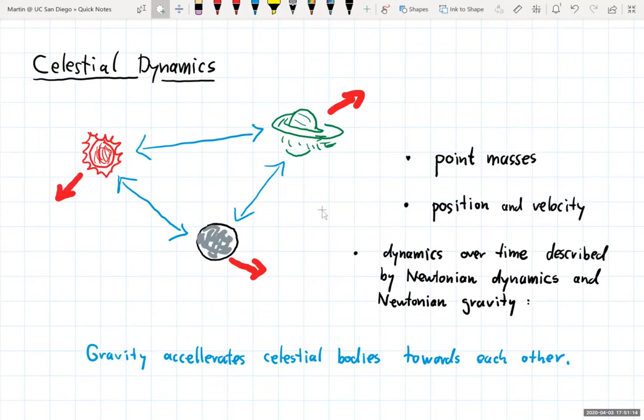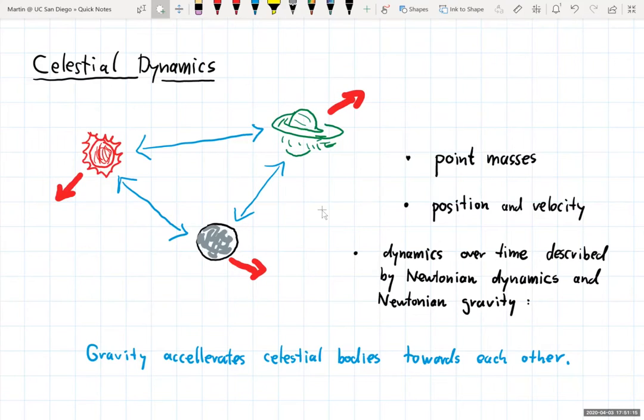Now, if it weren't for the presence of gravitation or other forces, every planetary body would just move from their position in the direction of their velocity, and not much would happen. But in the universe that we know, we have forces acting such as gravitation. And on a celestial scale, gravitation is a dominant force.